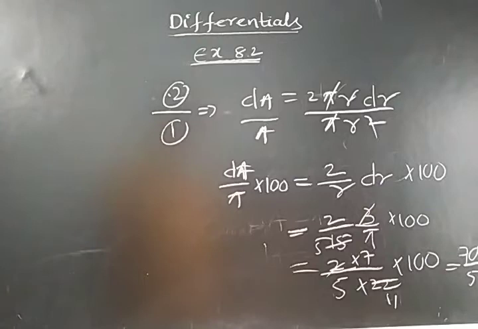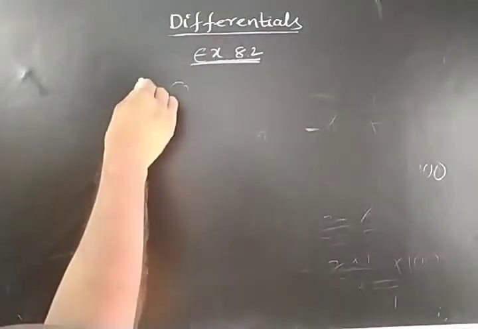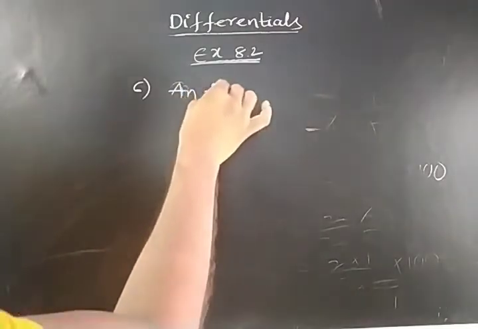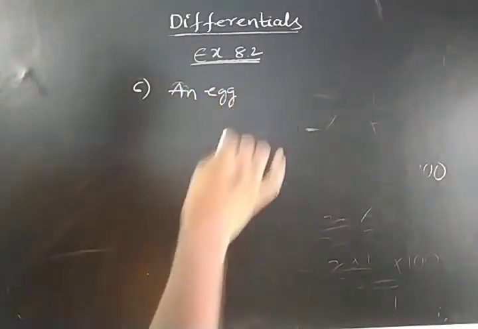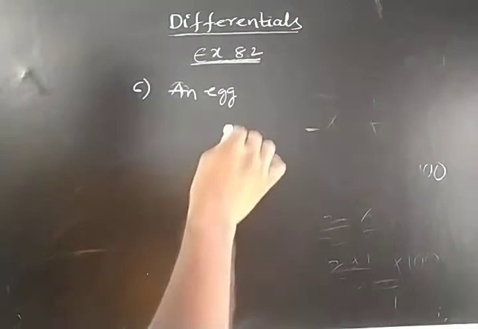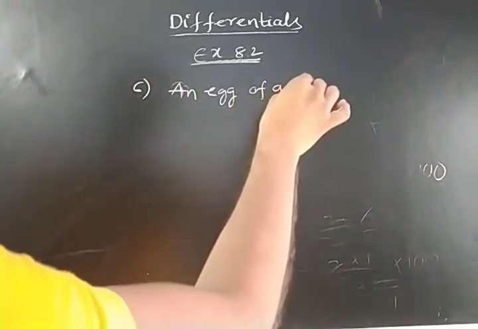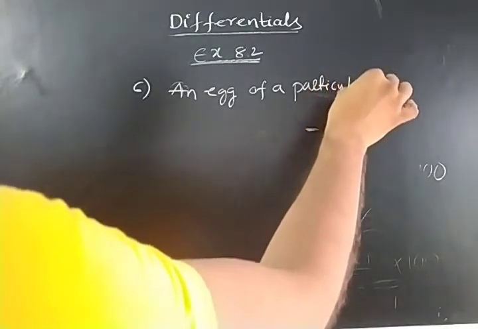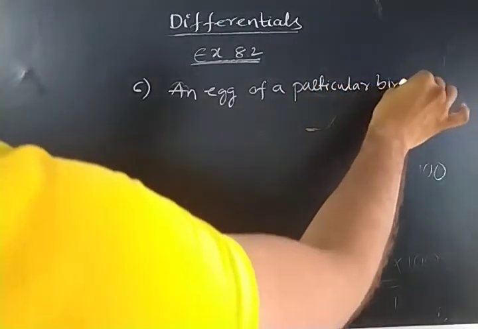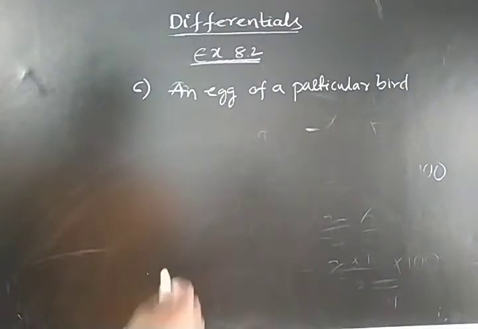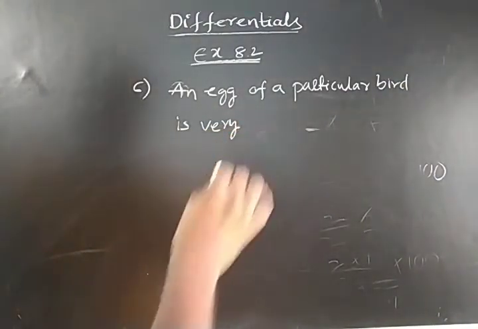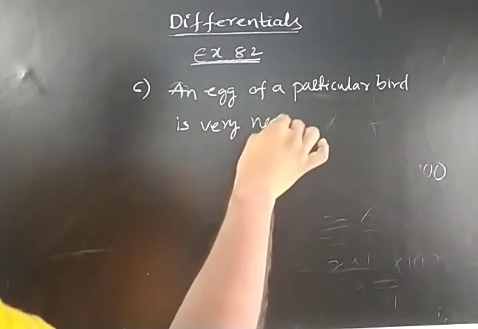Okay, right. Sixth question, question number 6. An egg of a particular bird is very nearly spherical.